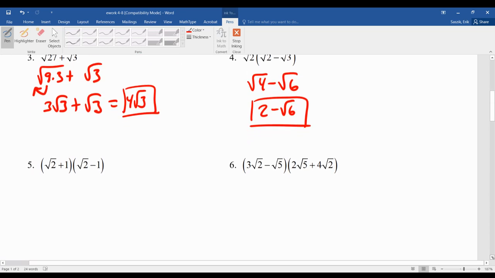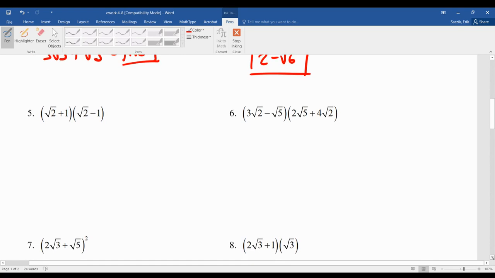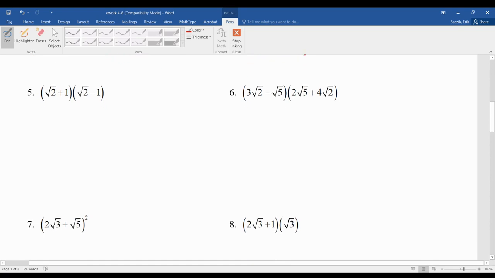Okay, now number 5, this is some new stuff, so you're really going to be paying attention here. It's new in that we haven't done stuff exactly like this, but we've done a lot of problems that have similar components to it. I'm hoping that you're thinking about distribution, and that's what we're going to do. You don't have to draw these arrows. I'm just doing it to show you.